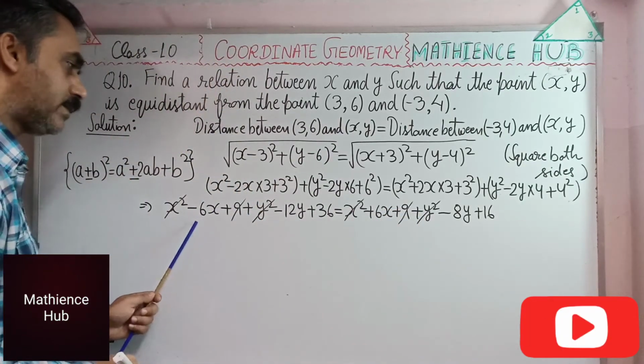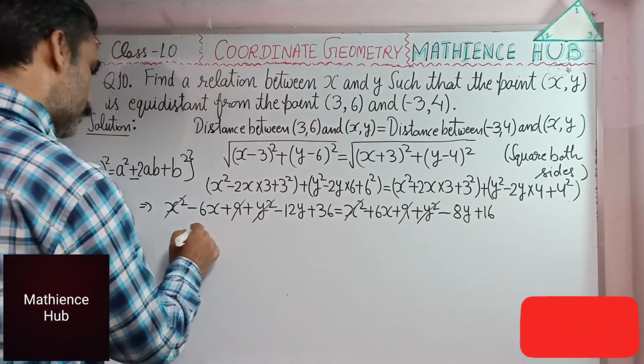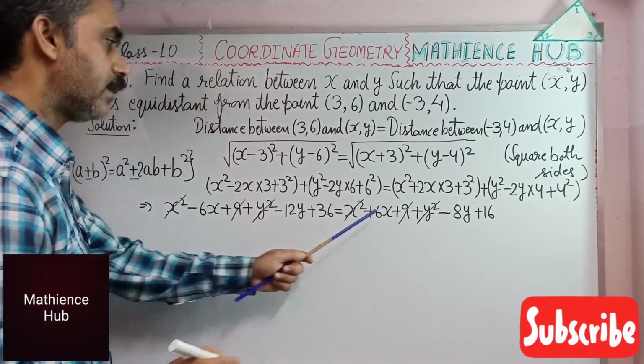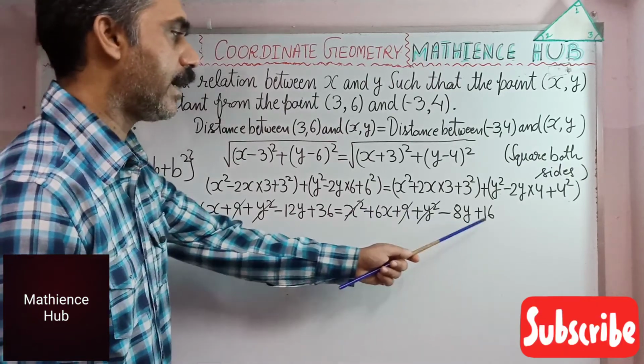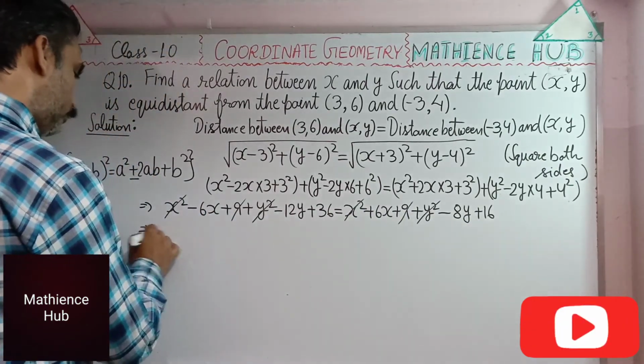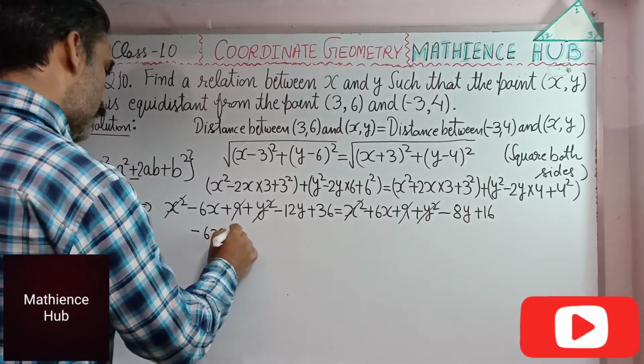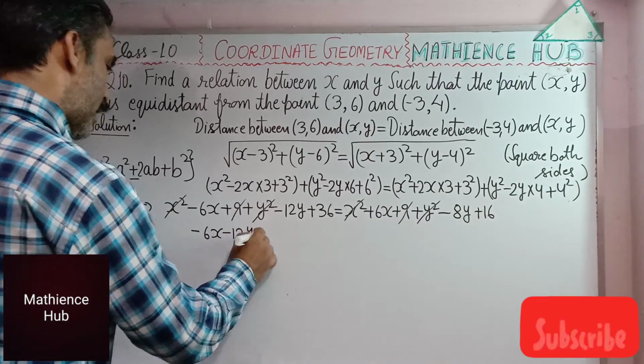You see minus 6x minus 12y plus 36, and here plus 6x minus 8y plus 16. Minus 6x minus 12y.